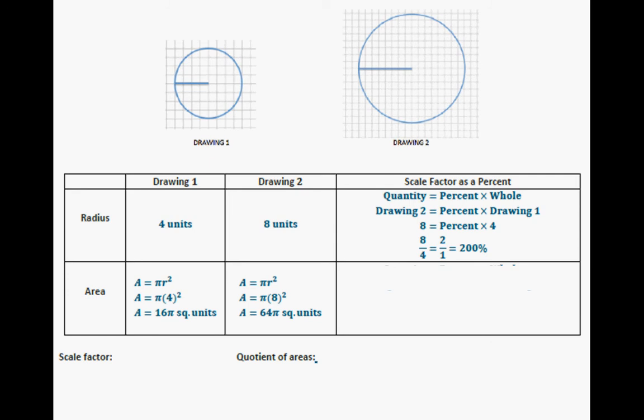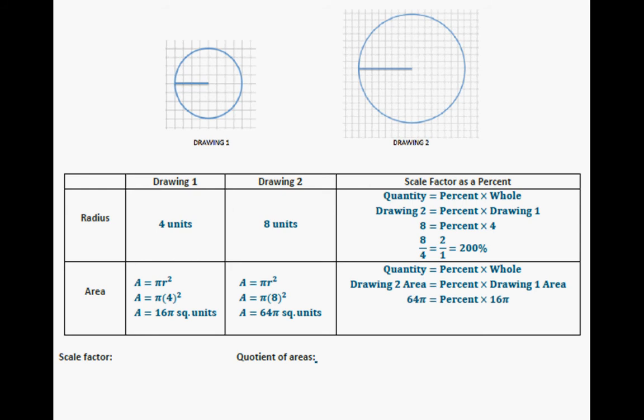So if we apply that to drawing 2, we have pi times radius squared, so that's 8 squared is 64. So area is equal to 64 pi square units. Again, applying the same quantity is equal to percent times the whole, we have the drawing 2 area is equal to percent times drawing 1 area.